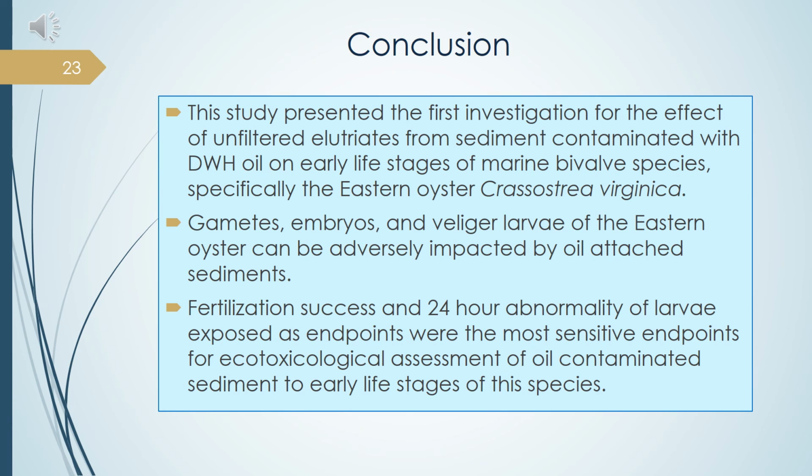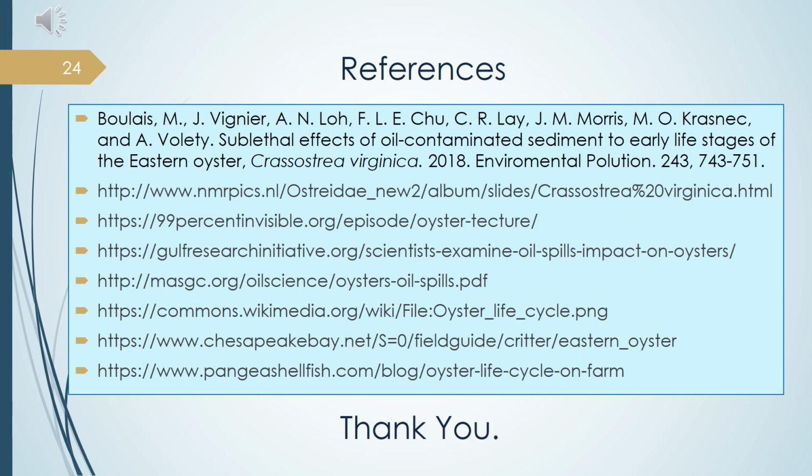Gametes, embryos, and veliger larvae of the eastern oyster can be adversely impacted by the oil attached to sediments. Fertilization success and 24-hour abnormality of larvae exposed as embryos were the most sensitive endpoints for ecotoxicological assessment of oil-contaminated sediment to early life stages of this species.